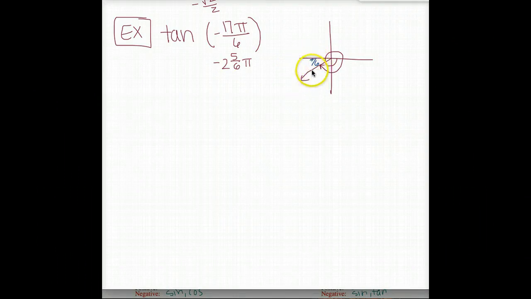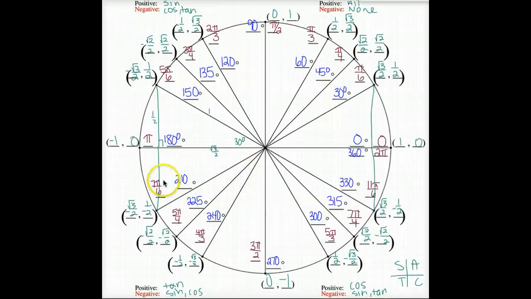So this lands in the place in quadrant 3 that has a denominator of 6 because my reference angle is pi over 6. So I then look on my unit circle to find the angle that lands there, which is going to be this angle right here. It's the one with a denominator of 6. So this is my ordered pair, the same place as where 210 landed.